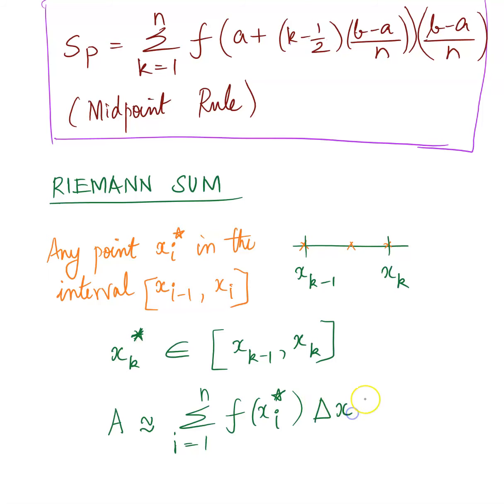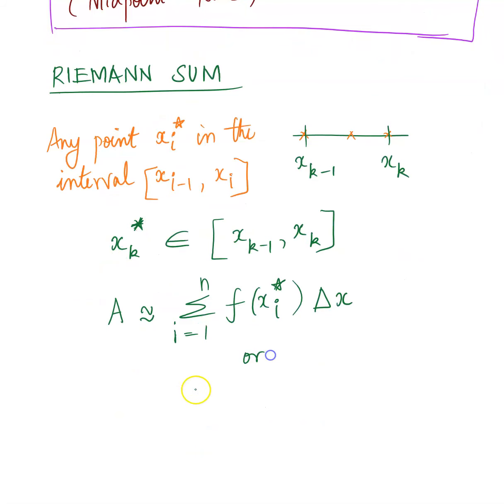Times delta x. No xk, because delta x tells us that it's all uniform. So it doesn't matter if it's the kth interval or the first interval or the nth interval, they all have the same width. And if we wanted to write it in terms of k, no problem: summation k equals 1 to n, f of xk star, delta x.